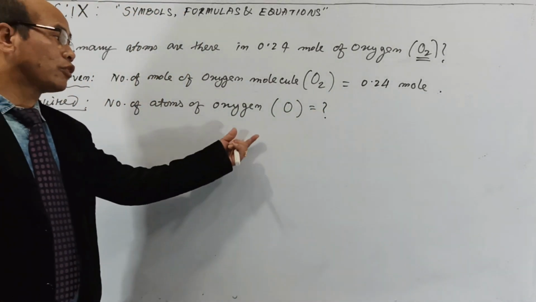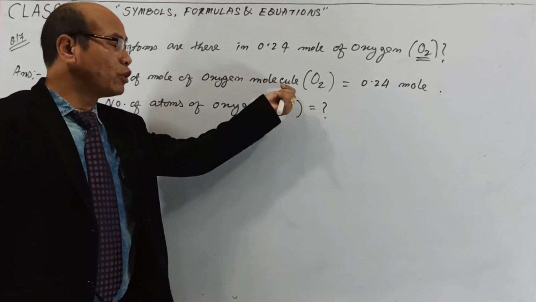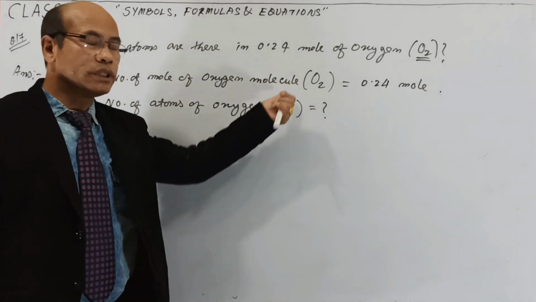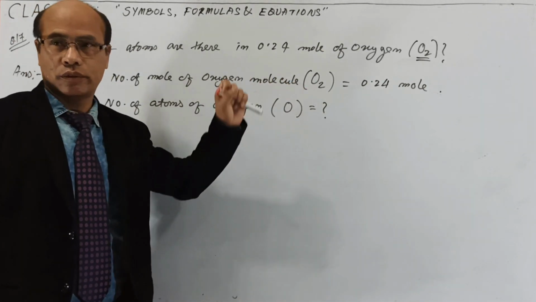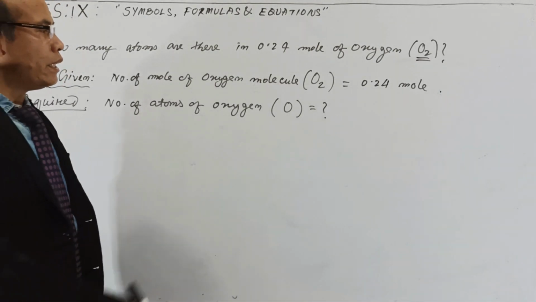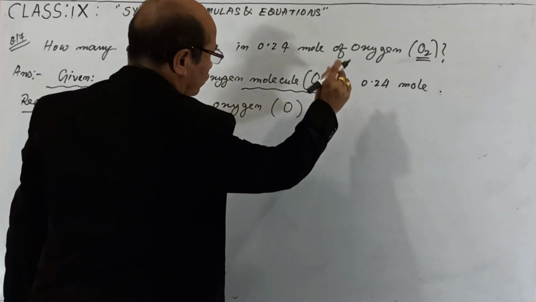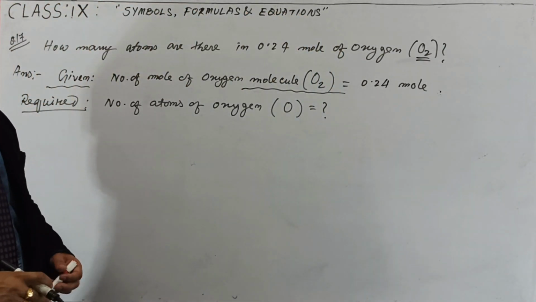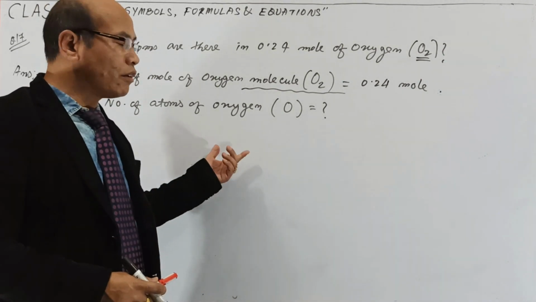Symbol for oxygen atom is only O. Symbol for oxygen molecule is O2. You see the difference. We are not asked to find out the number of molecules of oxygen, but we are asked to find out the number of oxygen atoms. Even though we have to find out the number of oxygen molecules first. Once you have the number of molecules of oxygen, then you can find out the number of oxygen atoms.